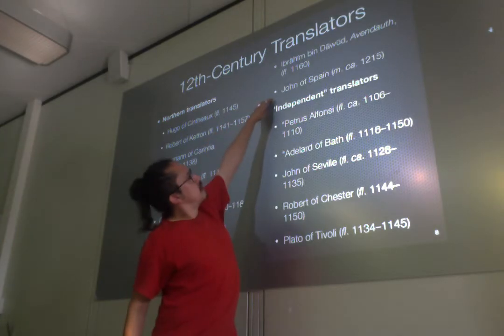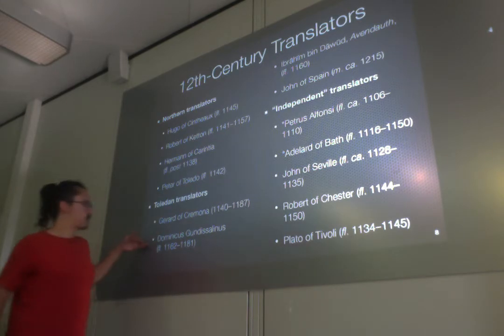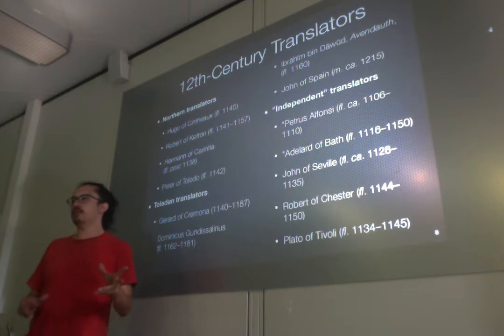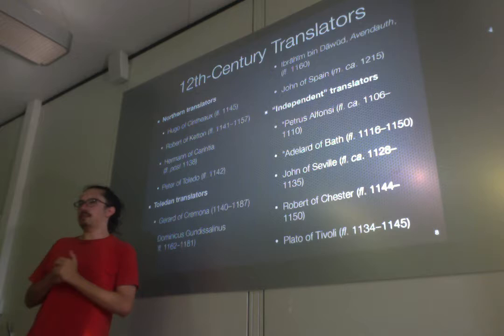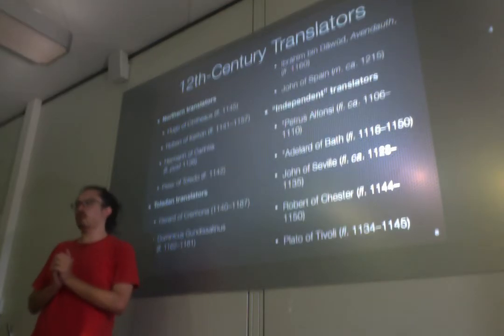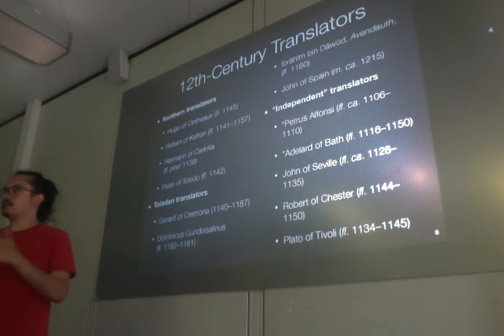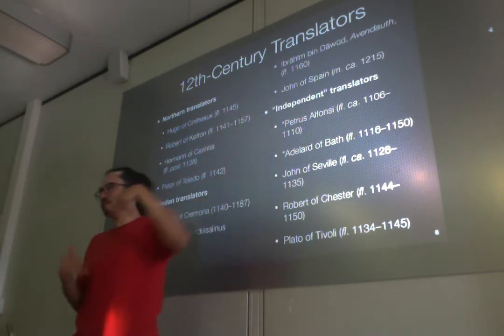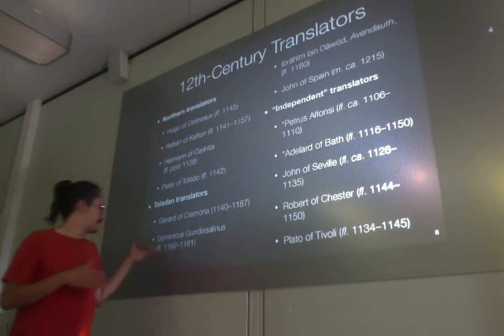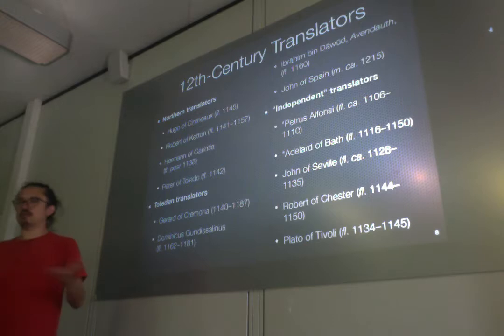Ibrahim ibn Dawood and John of Spain worked along with Dominicus Gundisalinus, and we have this question whether Dominicus Gundisalinus stood up perhaps as the main translator, because at some points it seems that Ibrahim ibn Dawood or John of Spain were the main translators, and that Dominicus Gundisalinus was just helping them make the translations.